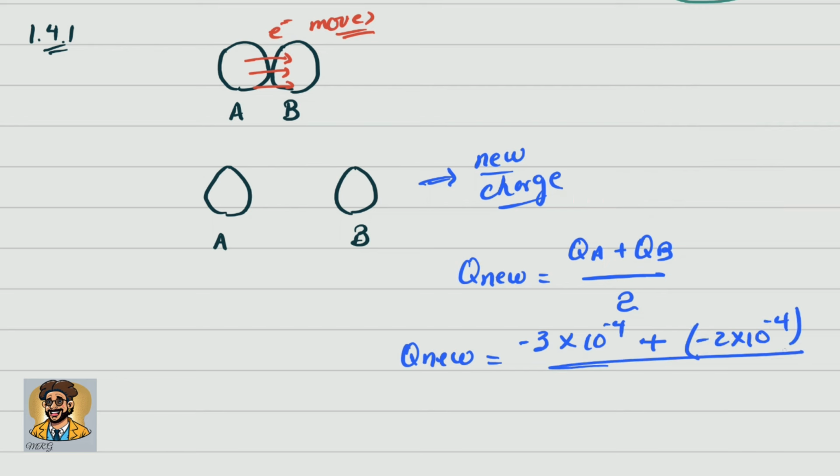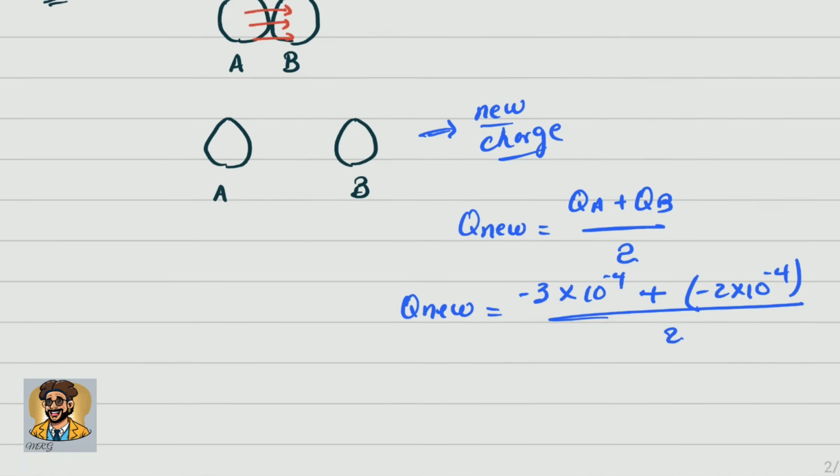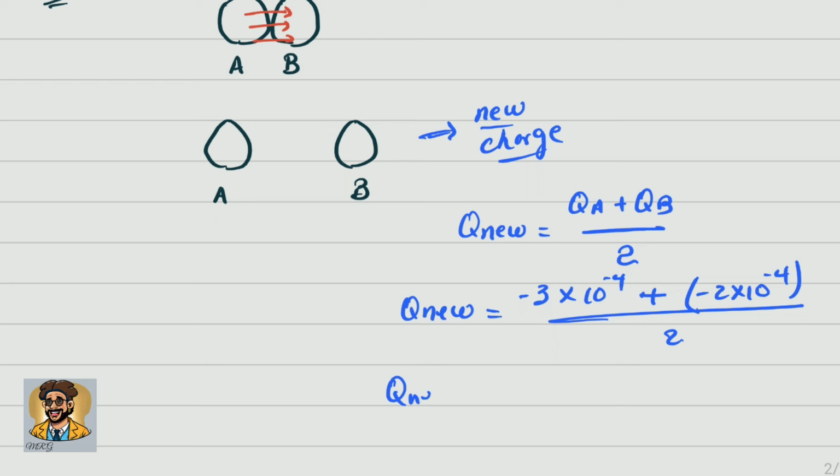In this case, we do have to substitute the sign, and this is simple mathematics. Q new is equal to negative 2,5 times 10 to the minus 4 coulomb.